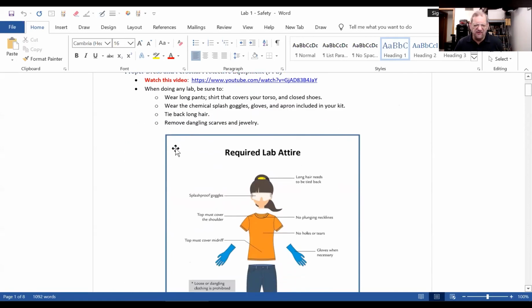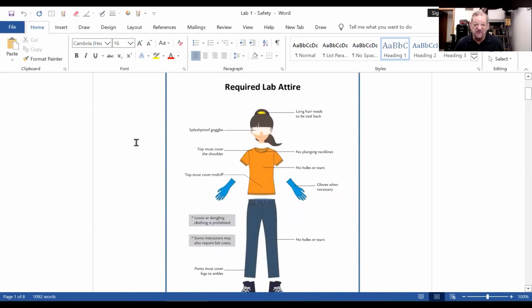Now, couple things. If you were in the lab at COD, you'd see this actual, what you see on your screen, on the wall in each lab, and we're required to have students, and it's good safety. One, if you have long hair, you should tie it back. You should have safety goggles, not glasses. In your kit, you bought a pair. Wear proper clothing.